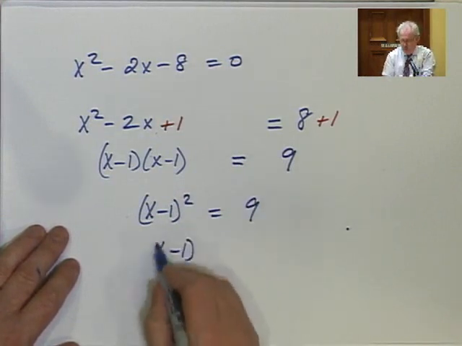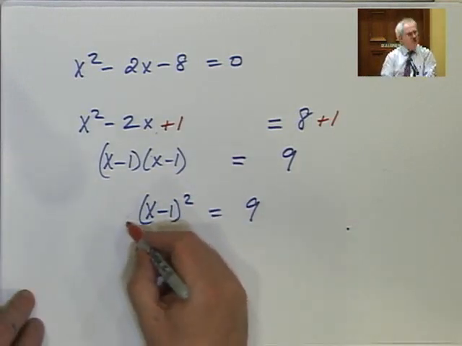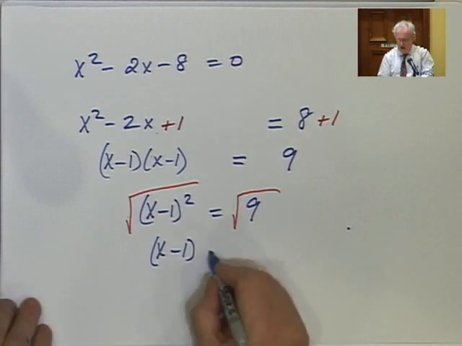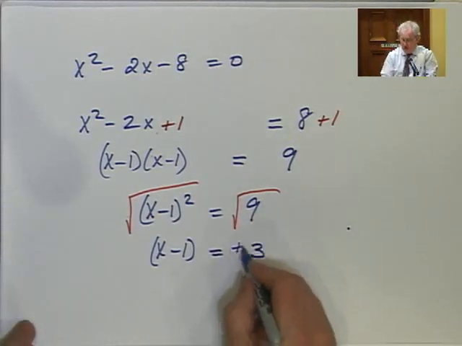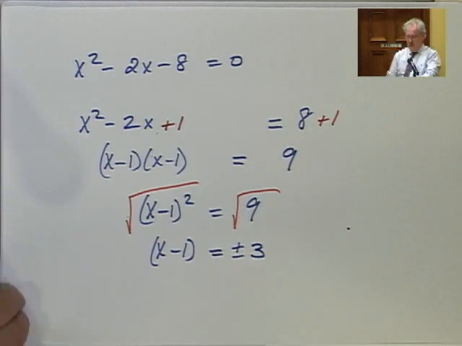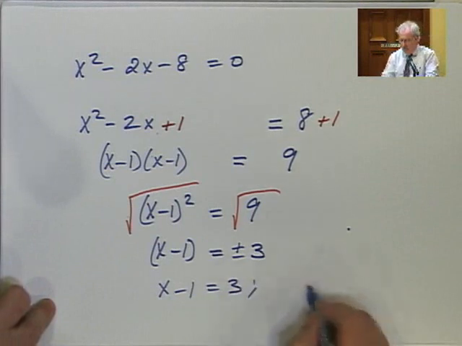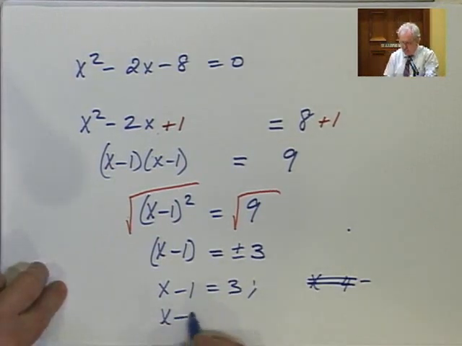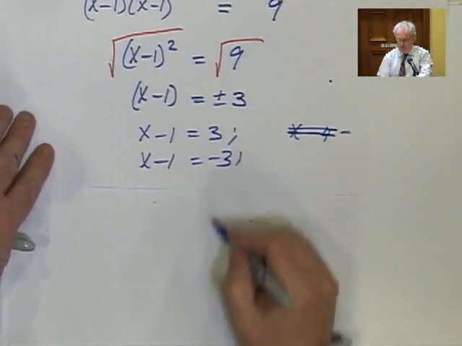Or x minus 1, what would you do when you squared something or square rooted it? X minus 1 is 3. But because it's a square root, plus or minus 3. So in other words, x minus 1 is 3, or x minus 1 is minus 3. They're the two options that I have.